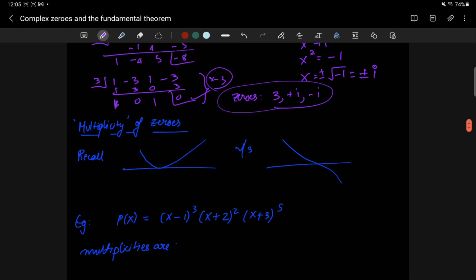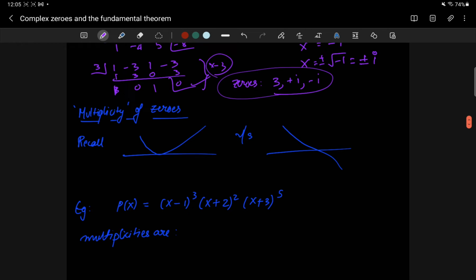Now for multiplicities, this is fairly straightforward in the sense that we've seen that this happens when the power is even, and this happens when the power is odd. So that's the definition of multiplicity of zeros.